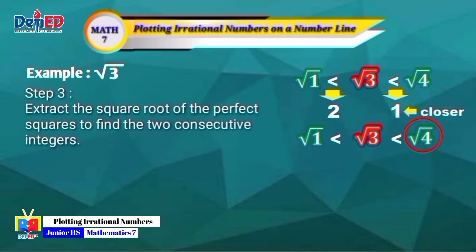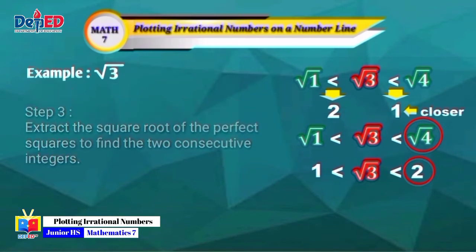Step 3. Extract the square roots of the two closest perfect squares to find the two consecutive integers. Square root of 1 is equal to 1, and square root of 4 is equal to 2. So, the two consecutive integers are 1 and 2. Therefore, square root of 3 is closer to 2.